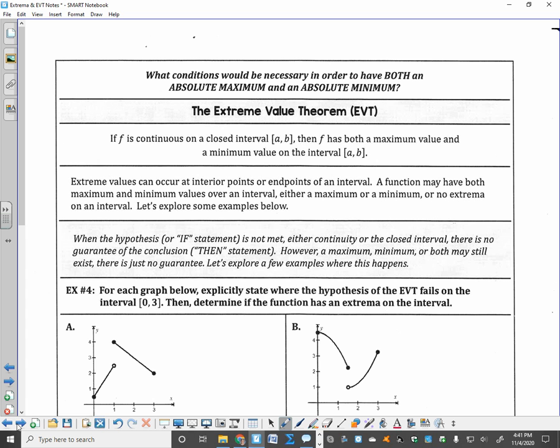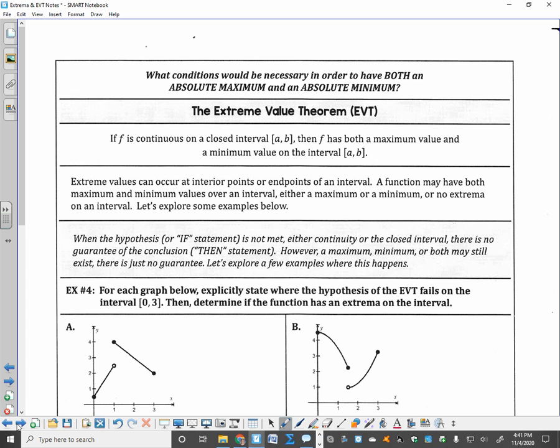Okay, what conditions would be necessary in order to have both an absolute max and an absolute min? Herein lies the EVT, which, extreme value, makes sense for maxes and mins. If f is continuous on a closed interval, a to b, then f has both a max and a min on the closed interval, a to b.